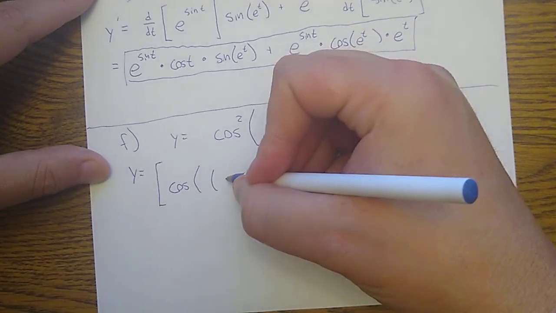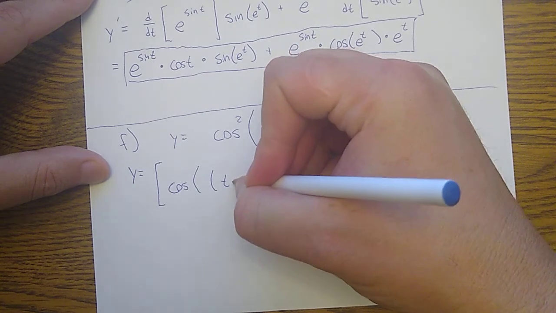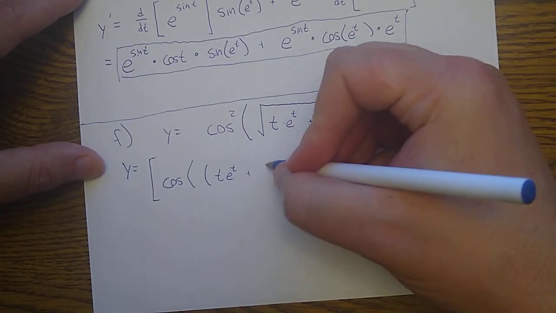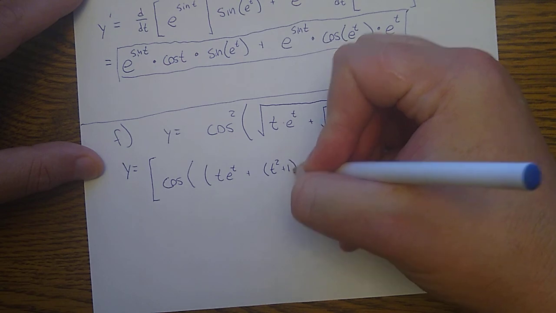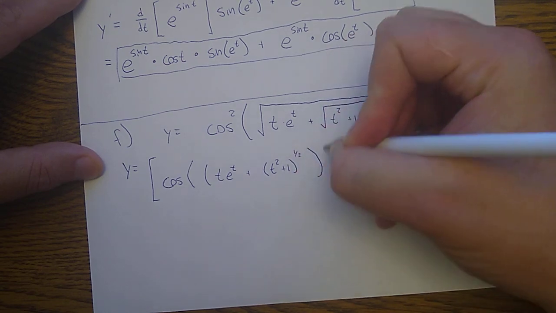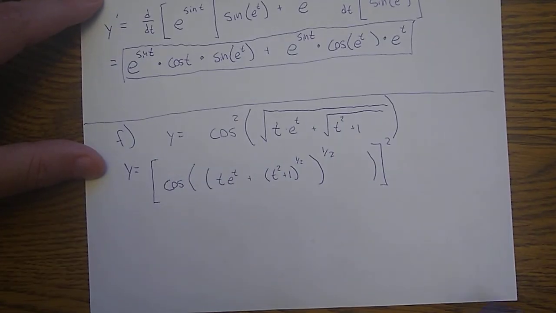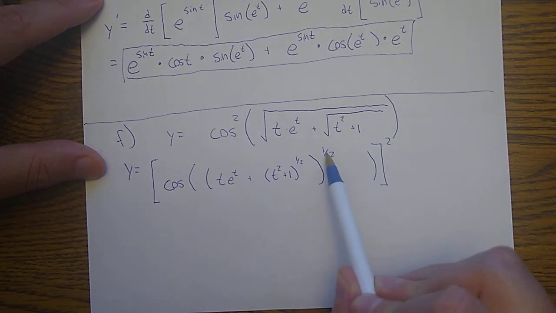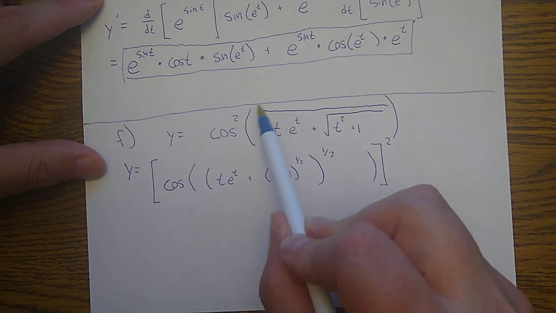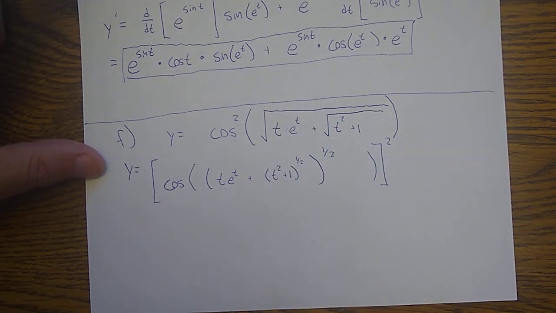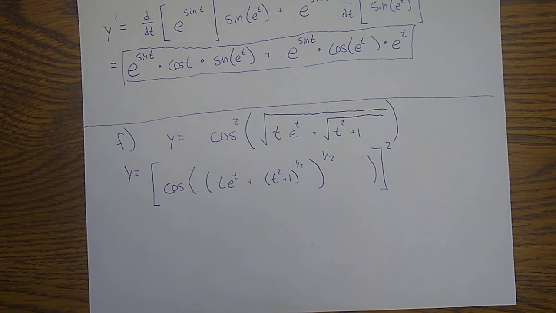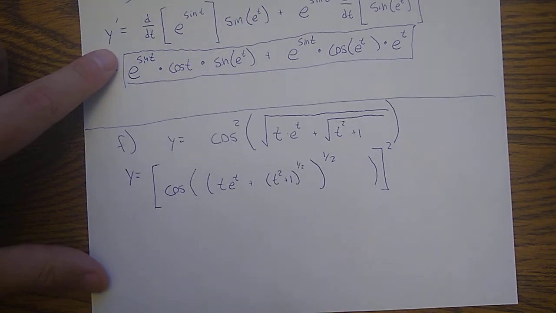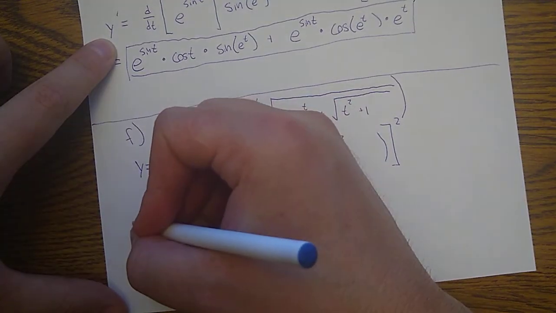So t e to the t plus t squared plus 1 to the 1/2 power, all to the 1/2 power, right? Because this 1/2 power is taking care of this square root, and this 1/2 power is taking care of this square root. Right? So that's the same thing. I just wrote it in a way that's more friendly for calculus.